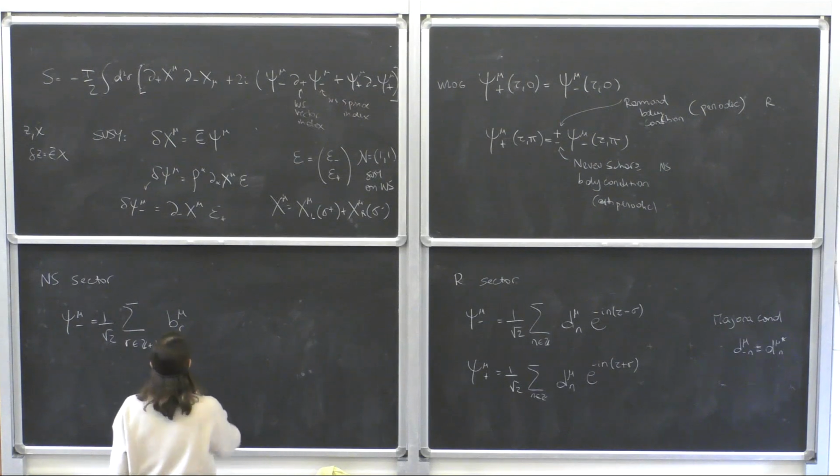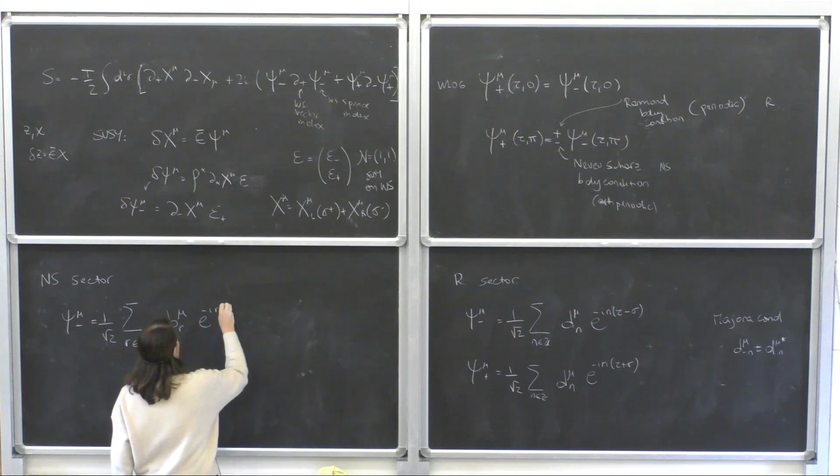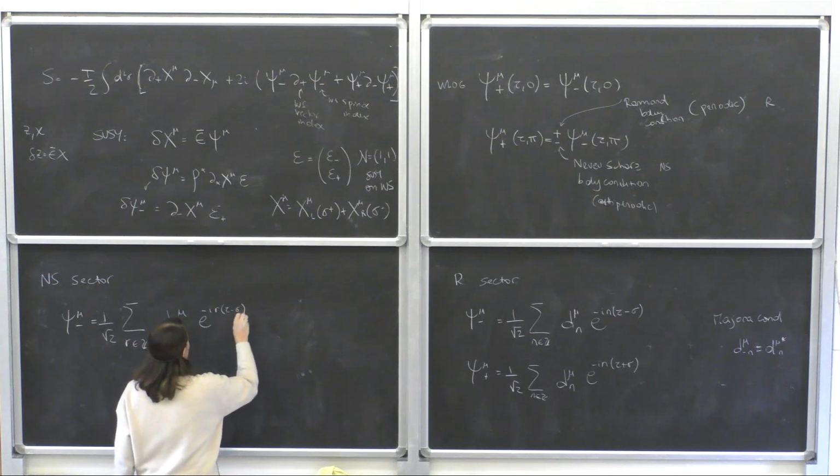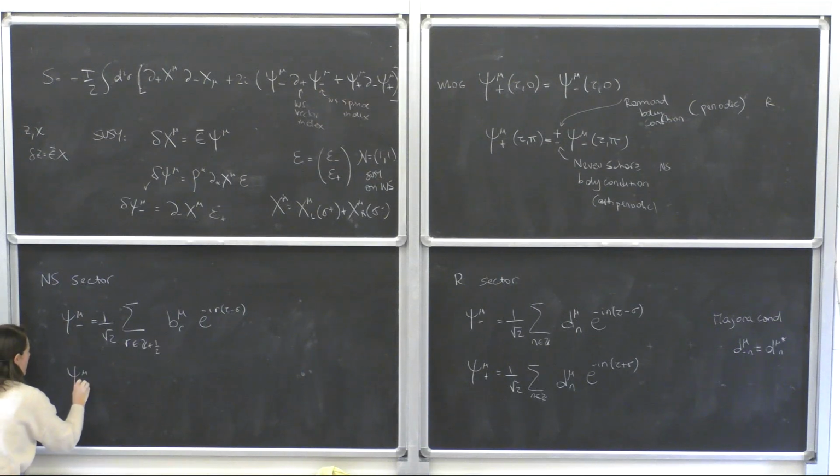They call them b r. The notation doesn't matter. The important thing is that one set is integer and the other is half integer.